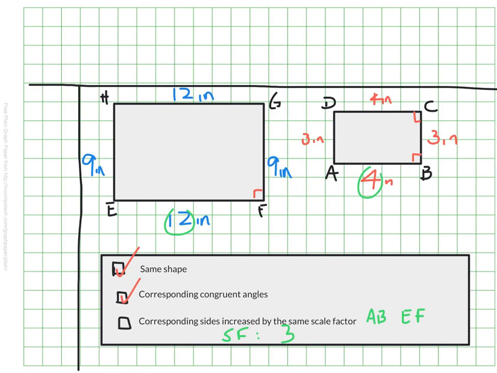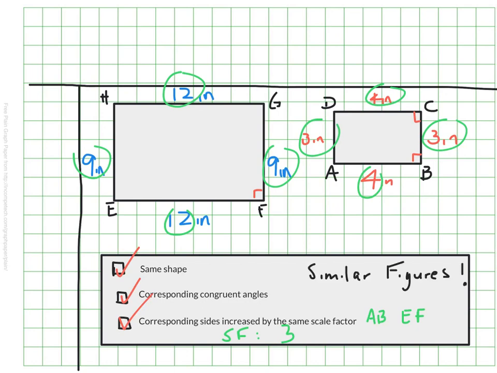So 4 times 3 is 12. 3 times 3 is 9. 4 times 3 is 12. And 3 times 3 is 9. So all the corresponding sides increase by the same scale factor. So that's a check. Those are all true. So that means these 2 shapes are similar.